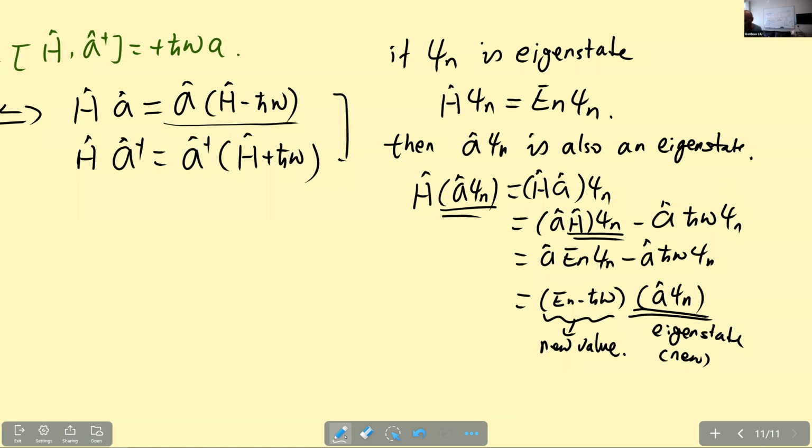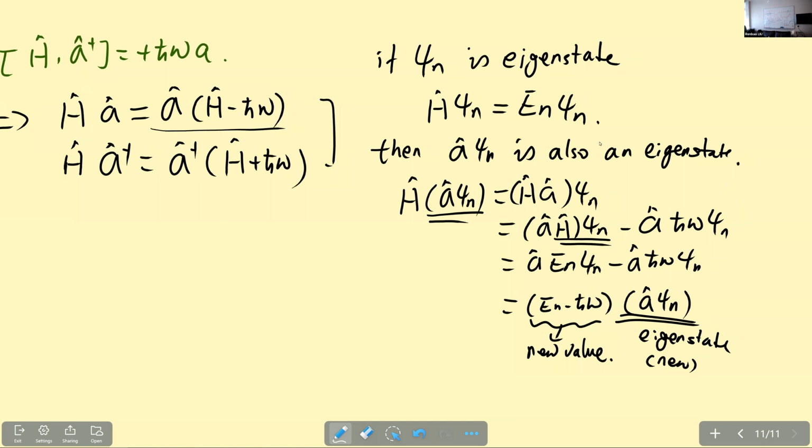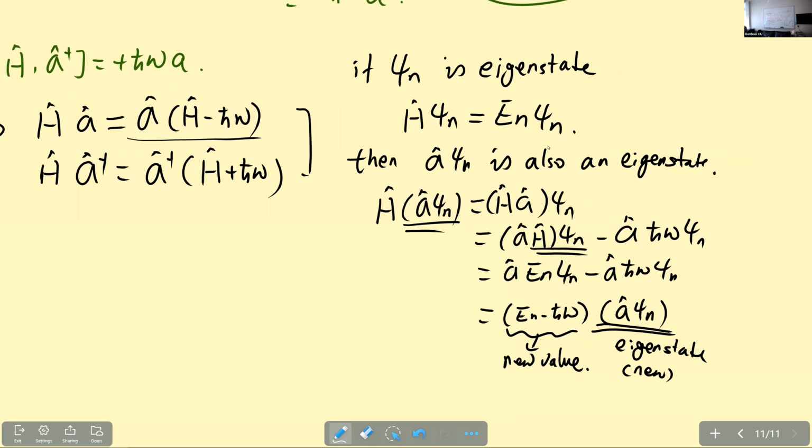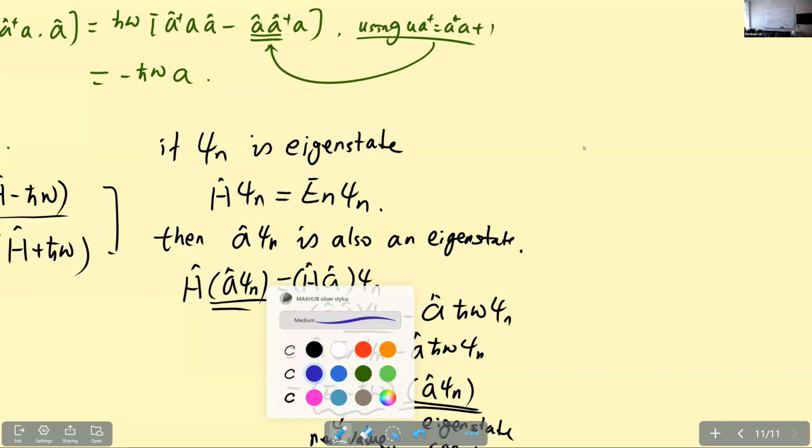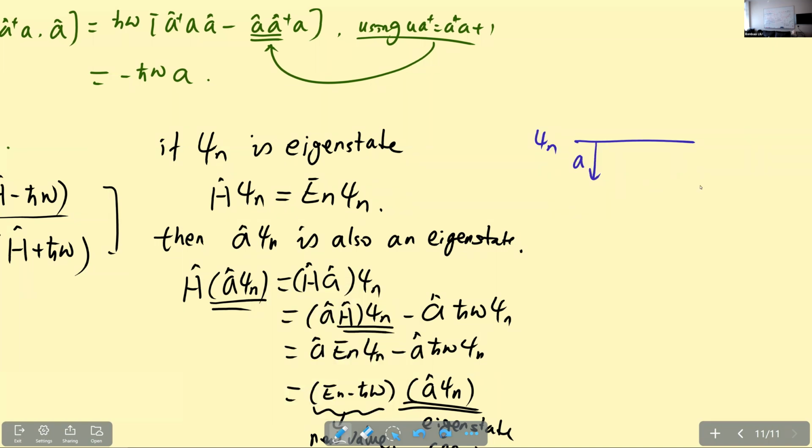So that means, if you have a state psi_m right here, so you apply this lowering operator, you get a new state. We call it psi_m minus 1. So this energy is E_m. This energy is E_m minus 1. Okay. So this is E_m, and this will be E_m minus h bar omega, right?